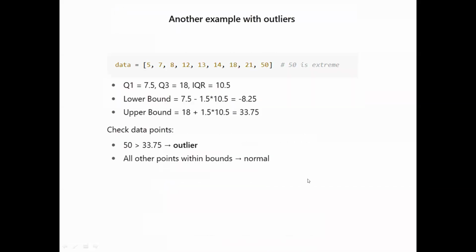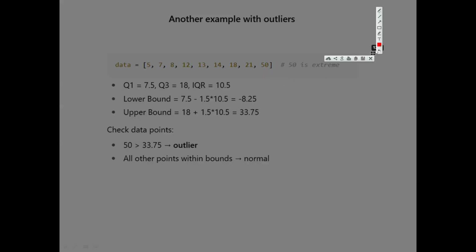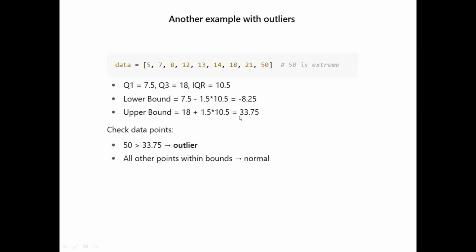But what about this data? In this particular data, you can see lower bound is minus 8.25, upper bound 33.75. Now this particular value, 50. You can see that this upper bound is 33.75, and there is one data item that is beyond upper bound, not acceptable.